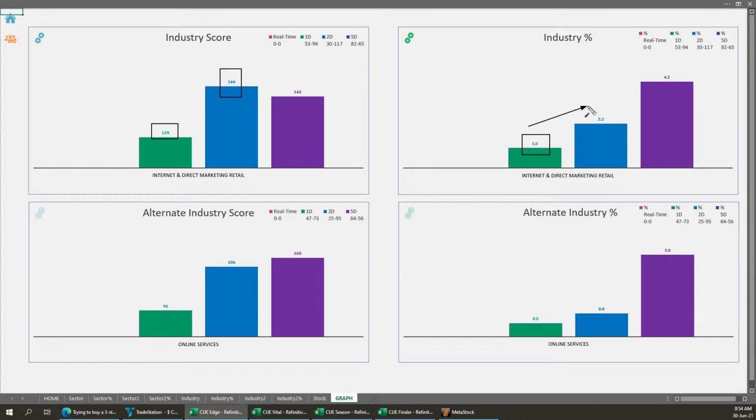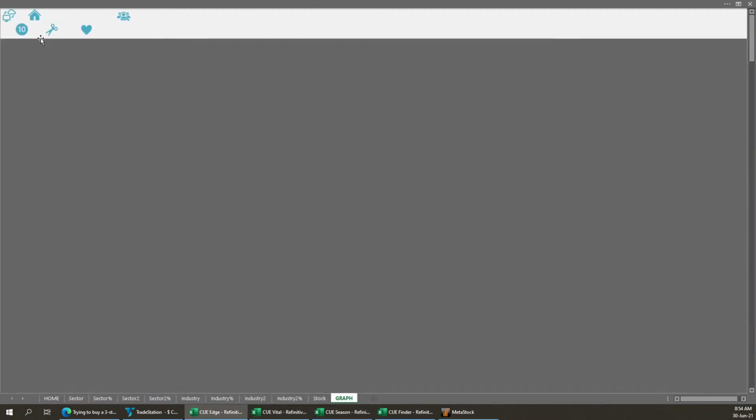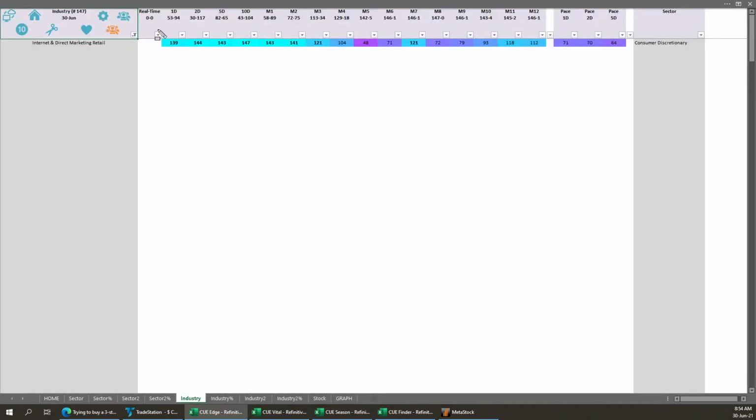And when you see this left to right pattern in the industry performance, then you know that the industry is steadily going up. The relative score dipped a little bit, but not much. We have a total of 147 industries. It is still near the top end. And if we look at the industry rotation, it is very strong, bullish.